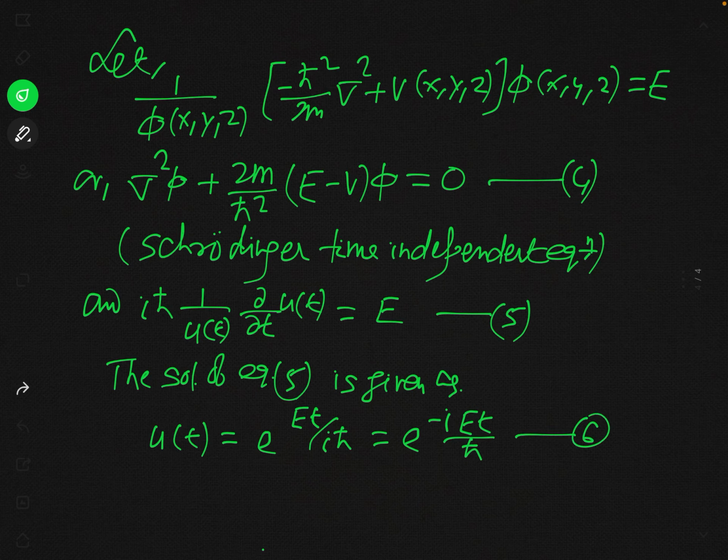This is the solution of equation 5. You can check it: if you simply differentiate partially this equation with respect to t, then you will get equation 5.